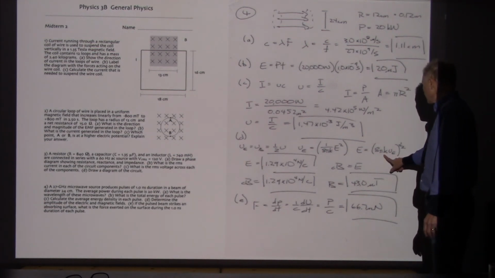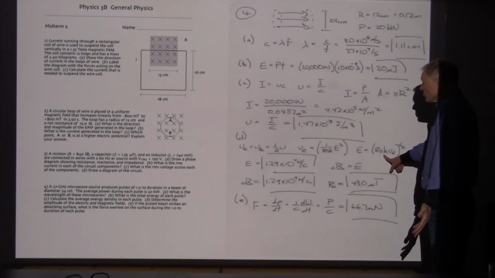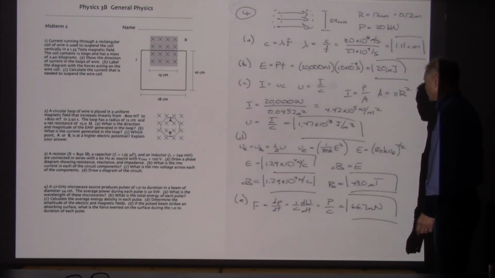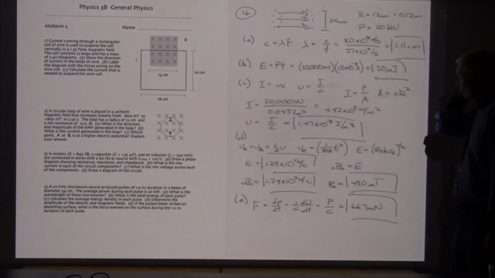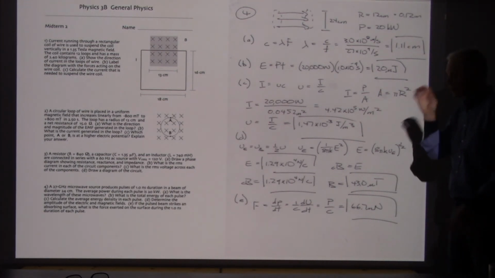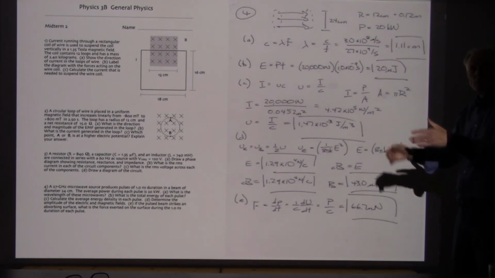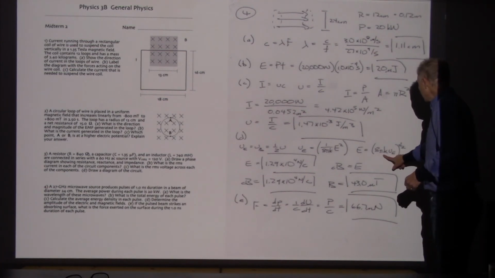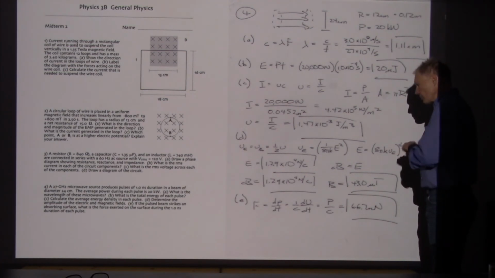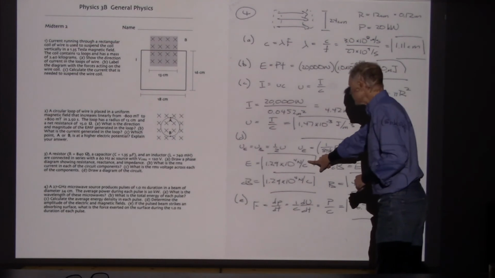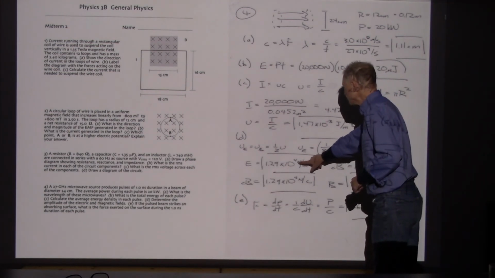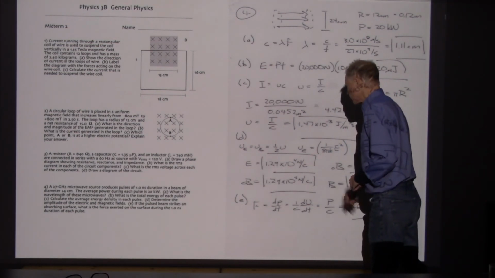And so I can solve for the electric field using the formulas we introduced in chapter 31, which is a unified approach where we can do the electric and magnetic field with matching formulas. The electric field energy density looks like this. I have to remember the square root sign. This worked out to be 1.29 times 10 to the 4th newtons per coulomb.